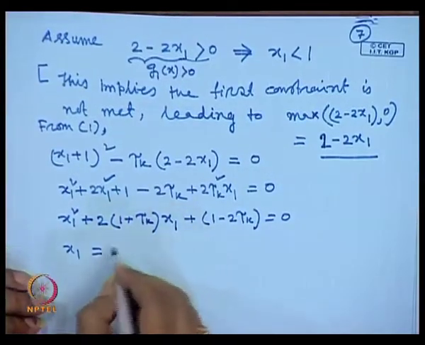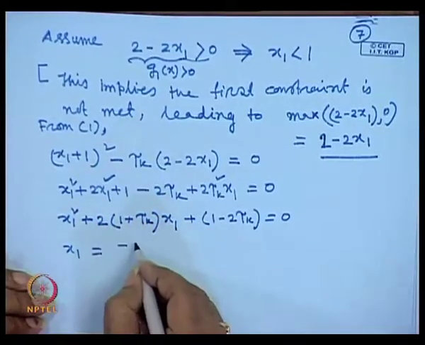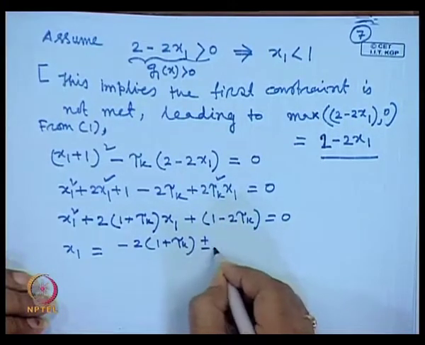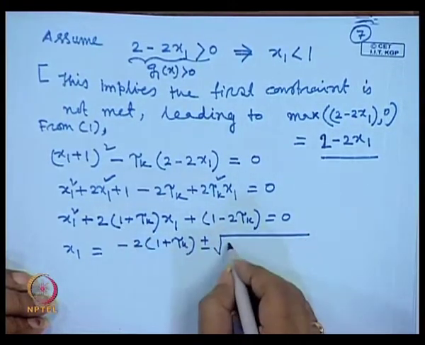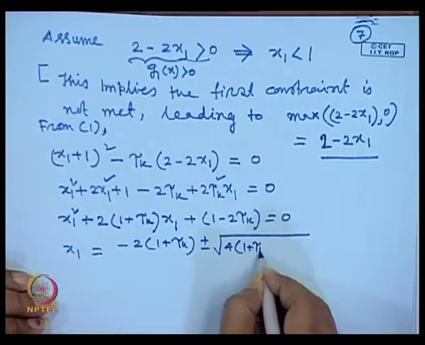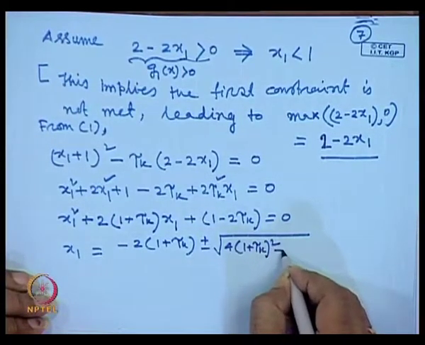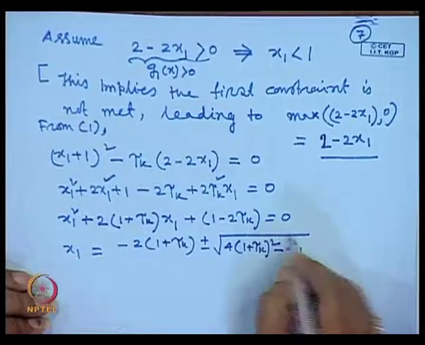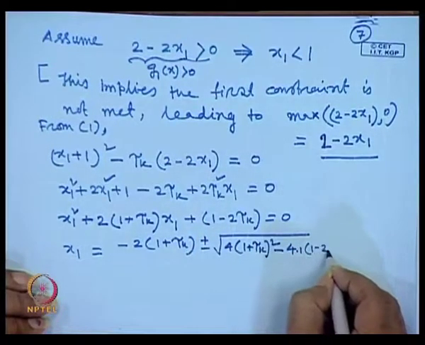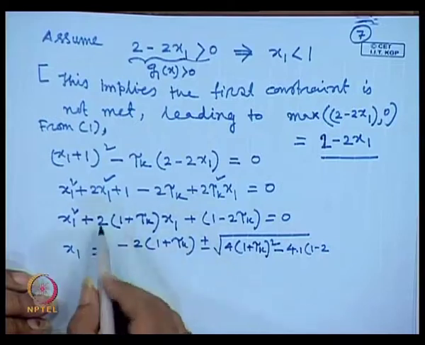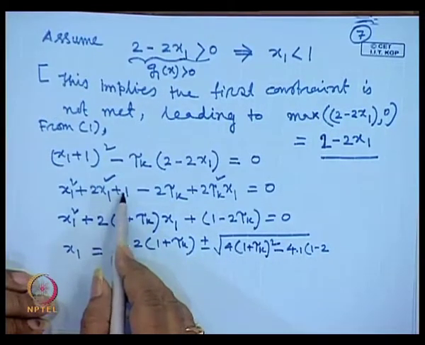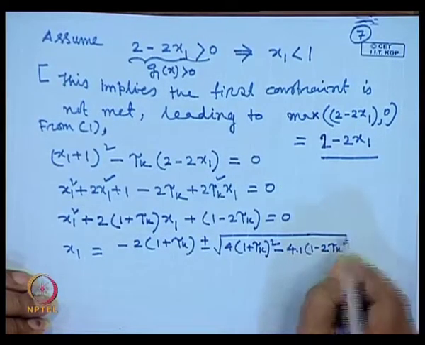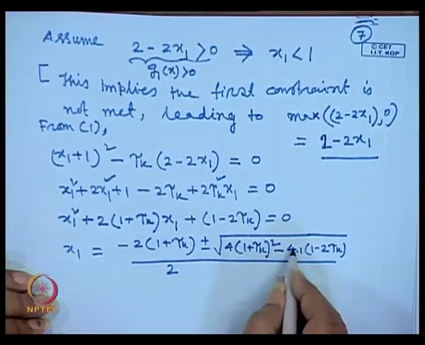So, what is this one? Minus b, that is minus 2 (1 plus tau k), plus or minus the square root of 4 (1 plus tau k) whole square minus 4, this coefficient is 1, and this is (1 minus 2 tau k), divided by twice, so 4 you take it out.